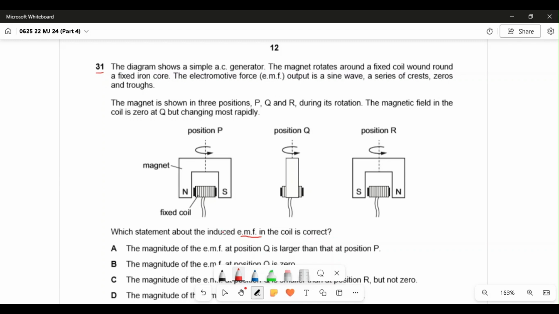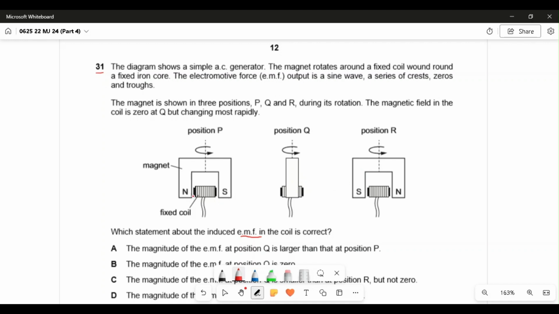We know that induced EMF depends on the change in magnetic field lines. From magnet position P to Q, the magnetic field changes, and from Q to R, it changes completely again.